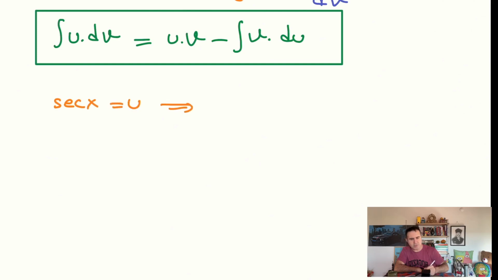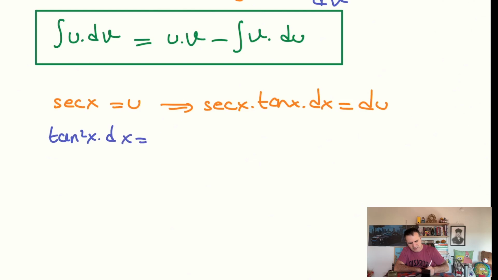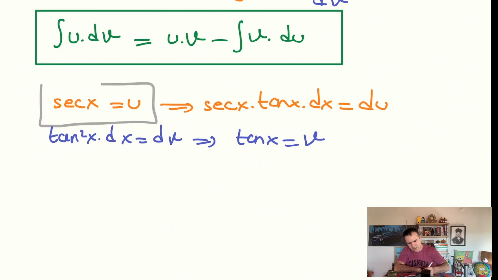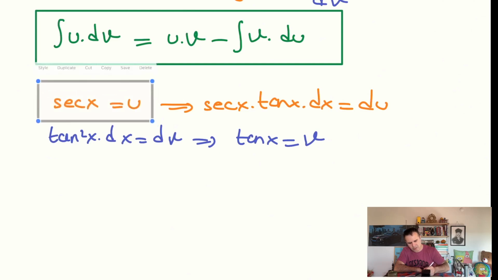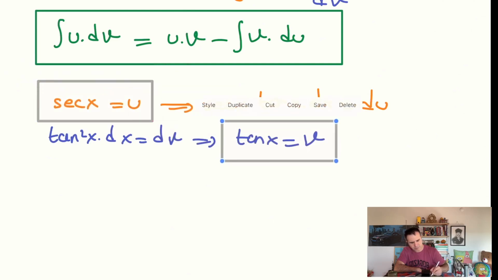Then the derivative of sec(x) is sec(x) times tangent x, and times dx will be equal to du. And sec² of x dx is equal to dv. This means that tangent x is equal to v. Take these two. These two are important.